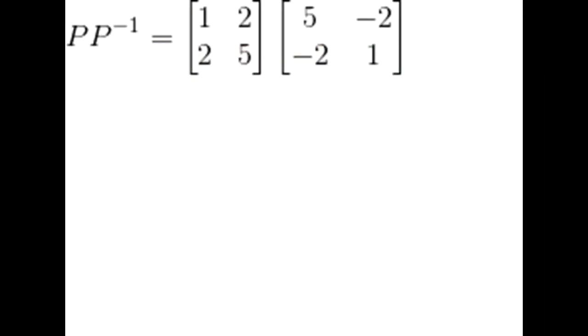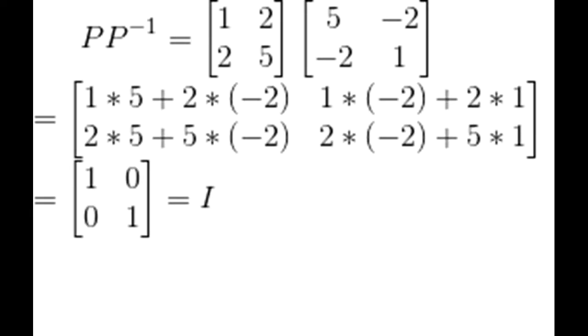So the way we find the inverse for a 2 by 2 matrix is you switch the entries along one diagonal, and you take the negatives of the entries across the other diagonal, and then you have to divide by the determinant, which in this case is 1, so you don't really actually have to carry out that division. And you can see that the product of these matrices is the identity matrix 1, 0, 0, 1.